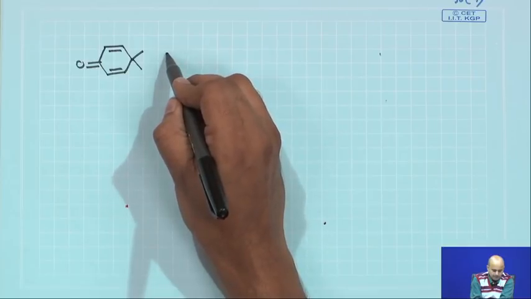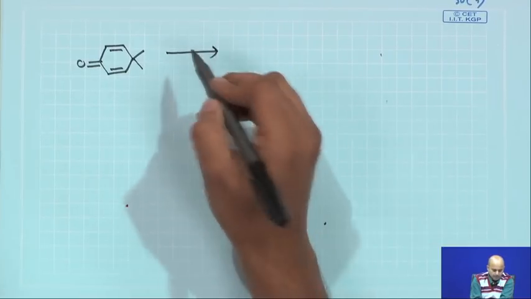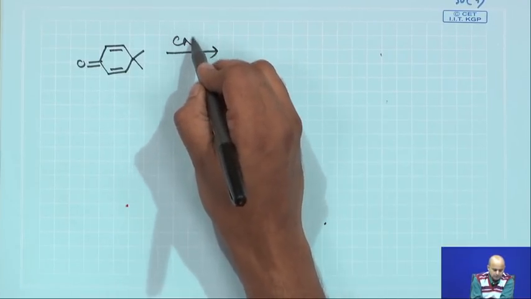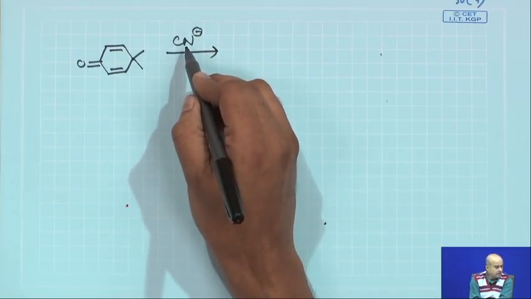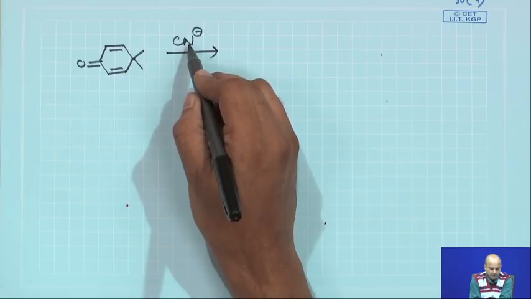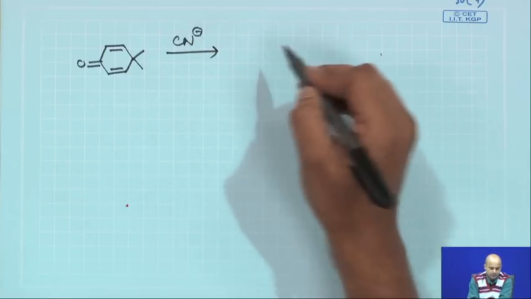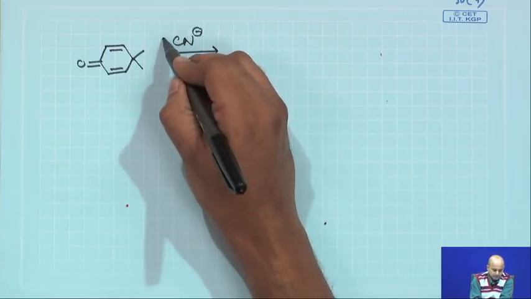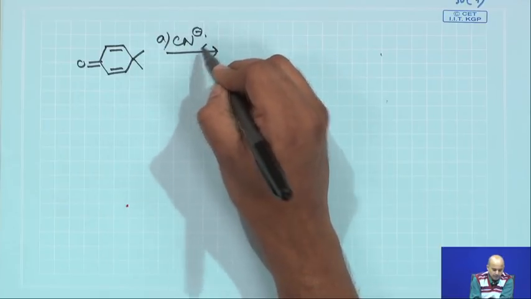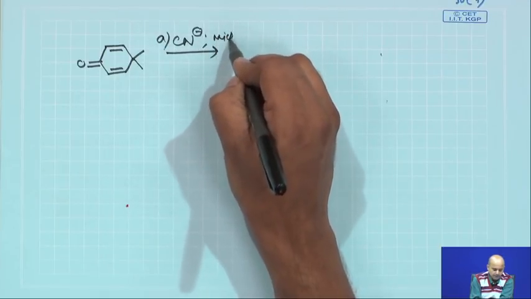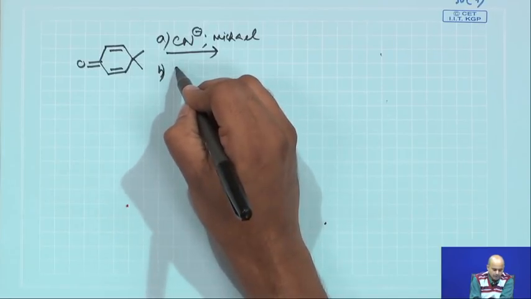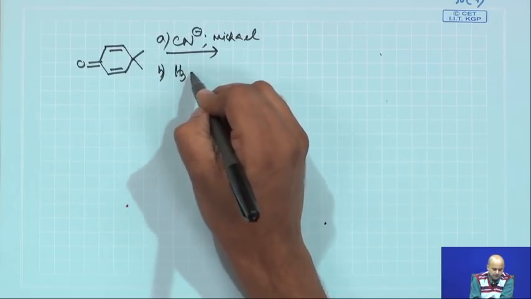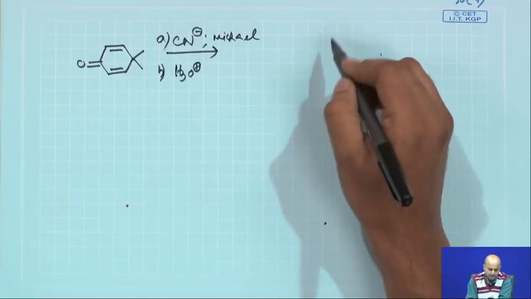Though we have not done the retro, if I do this forward synthesis, it will be quite clear. Initially we need to do 2 rounds of Michael addition with this cyanide nucleophile. So, you do a double Michael reaction on this Michael acceptor, followed by cyanide hydrolysis by acidic treatment.